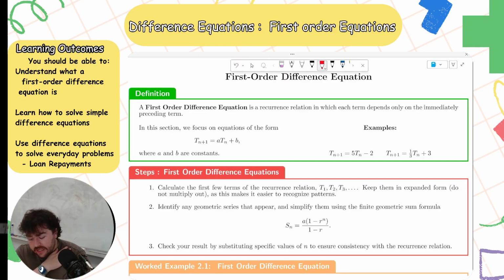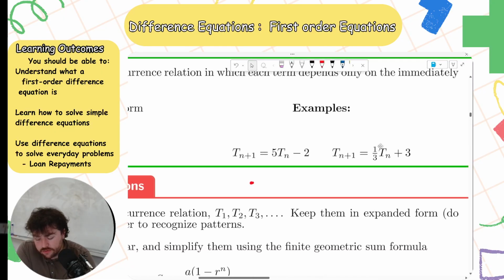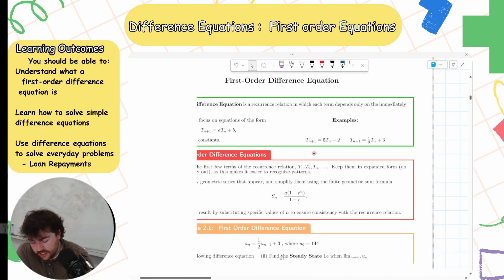So for example, Tn plus 1 equals 5Tn minus 2. So to get the next term, we times the previous term by 5 and subtract 2. Over here, Tn plus 1 is equal to 1/3 Tn plus 3, right? We multiply the previous term by a third and add 3 to it.